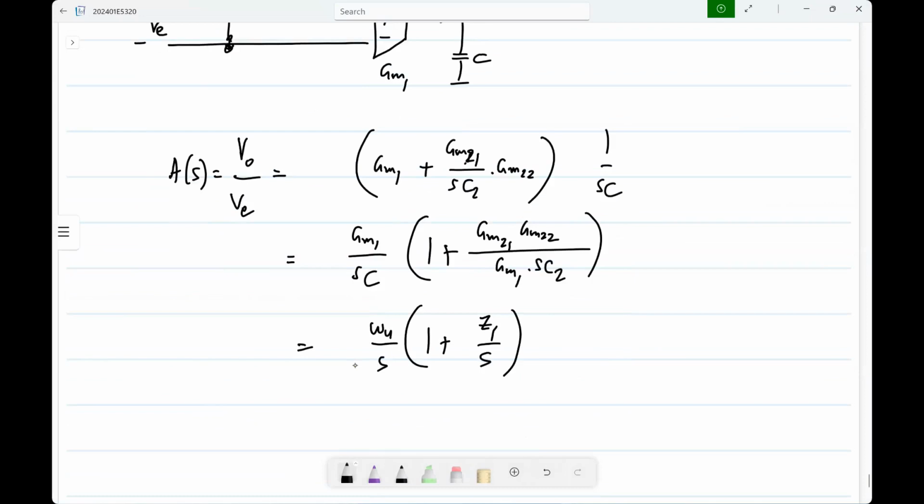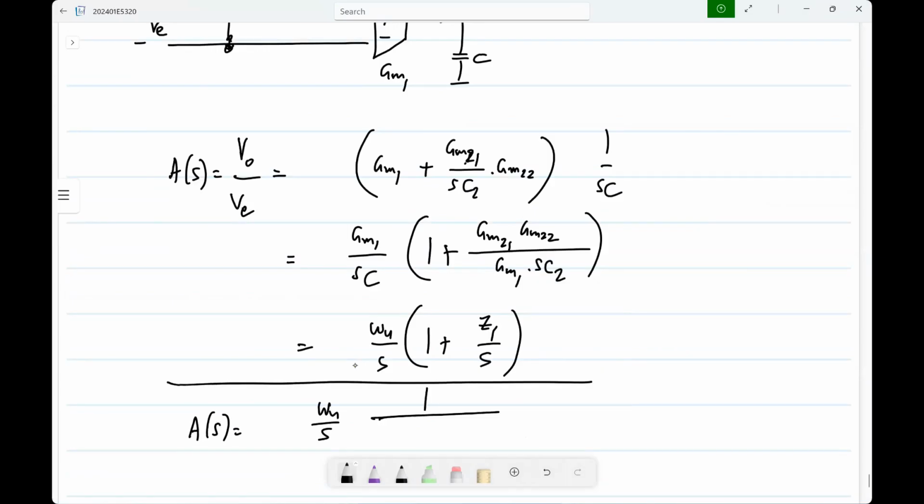Have you analyzed something in this form? In the assignment, there was a problem like this, right? And then there was another A of S that was given, which was omega u by S times 1 by 1 plus S by P2. Why did I give that?